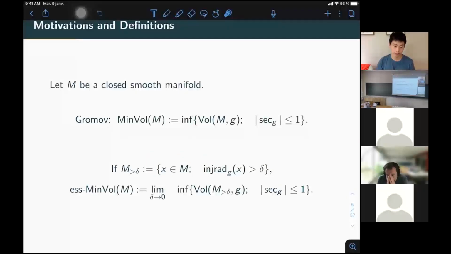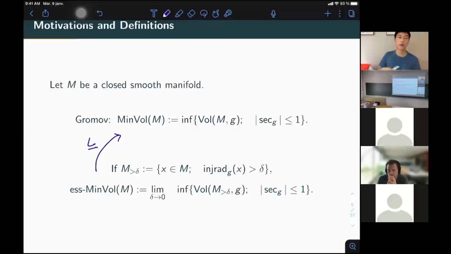Once you do that, you can define the essential minimum volume as being the limit, when delta, being positive, goes to 0, of the infimum of the volume of the delta-thick part, always with respect to that condition that the sectional curvature is bounded by 1. So you see that by definition, the essential minimum volume is going to be bounded by the minimal volume.